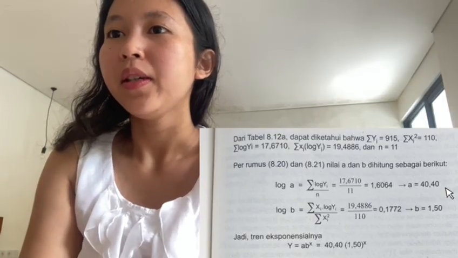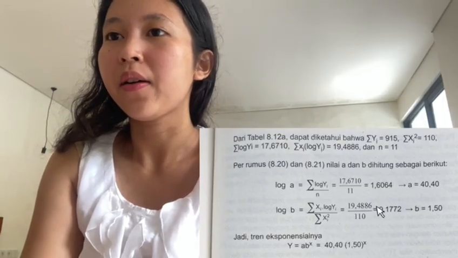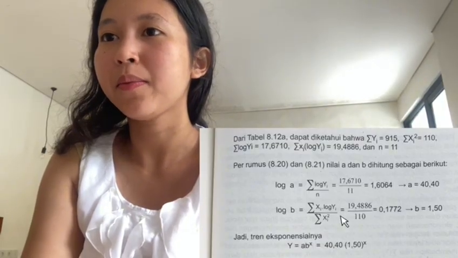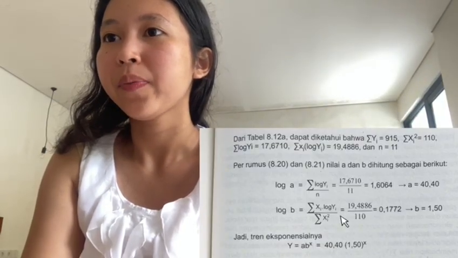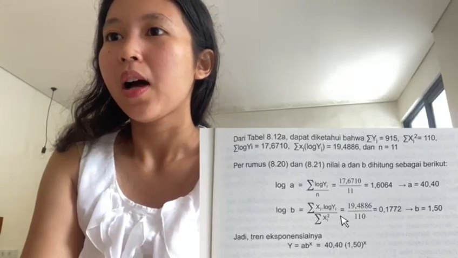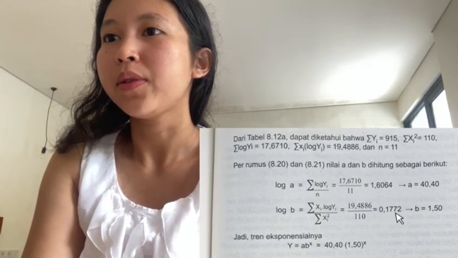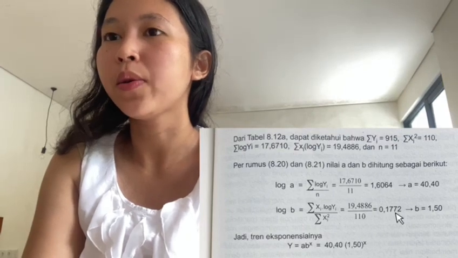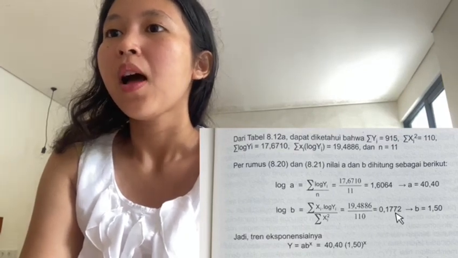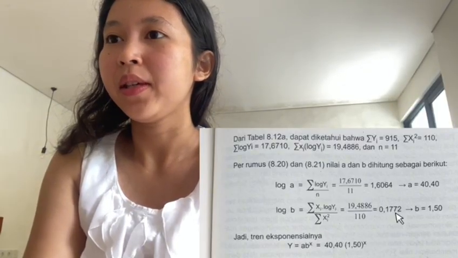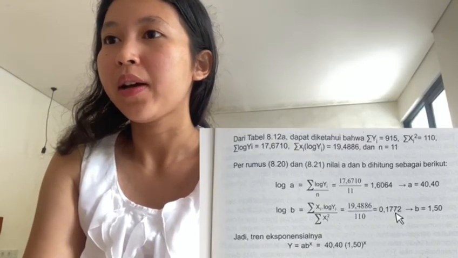And for b, we use the formula sigma xi log yi divided by sigma xi squared, and the result is 0.1772, but it is also still in logarithmic form, and the exact value of b is 1.50.